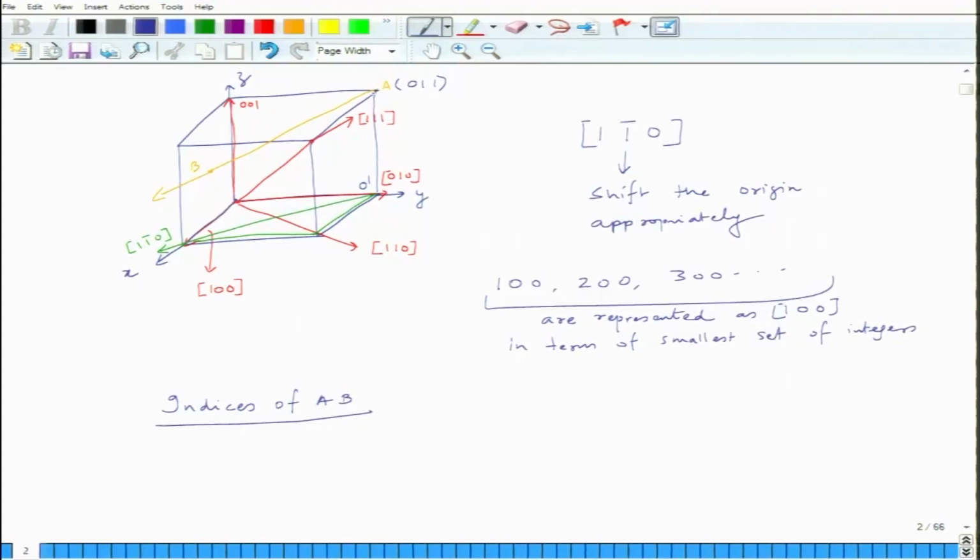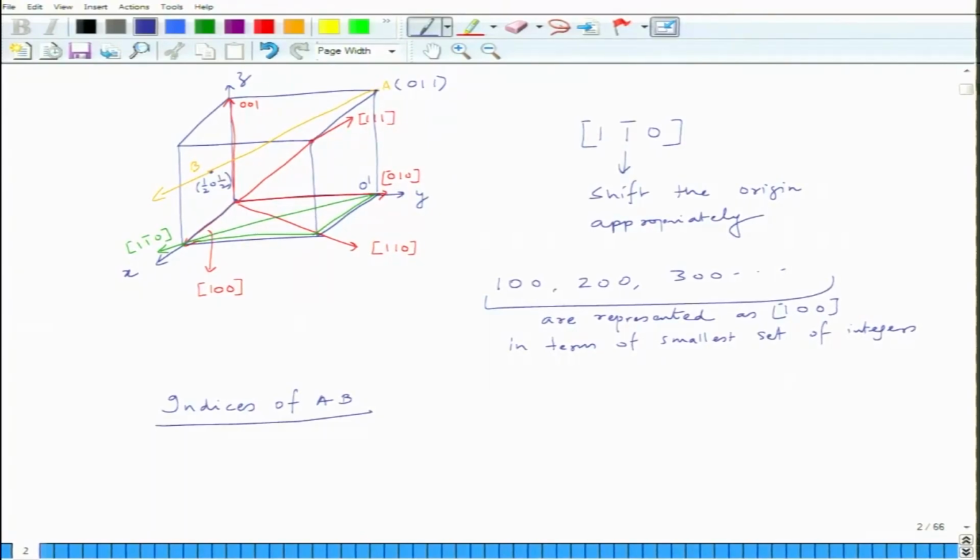When you work out the coordinates of a point, you always work out with respect to the main origin, which is the common origin, this is O. So this is 0 1 1, and what are the coordinates of this point? This point, the one in the center, is half of x and half of z. So this is half 0 half.